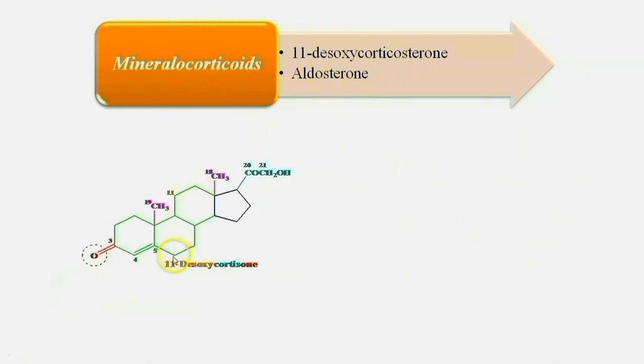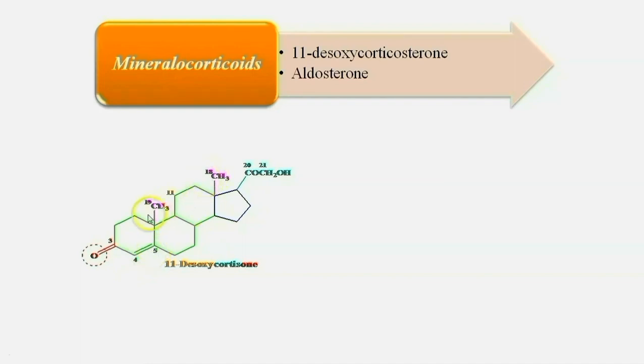Next are mineralocorticoids, and the examples are 11-desoxycorticosterone and aldosterone. Now the structure of 11-desoxycorticosterone. This 11 indicates the position and this desoxy indicates the removal of the oxy group from the 11th position. So all these groups are the same as those of cortisone again. At the third position a ketonic function is present, and between carbon 4 and 5 there is unsaturation.